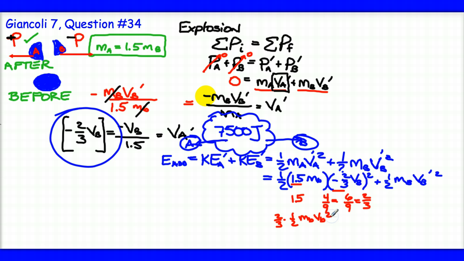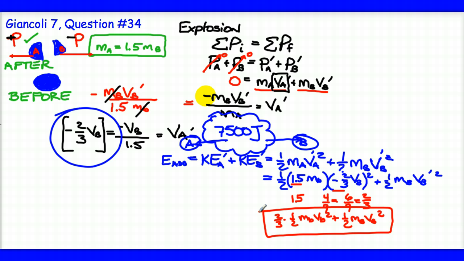m_B v_B squared plus 1/2 m_B v_B squared. And what happens here now is when I add these two things together, I get 1/2 m v_B squared plus 1/2 m v_B squared, but that's times 2/3.